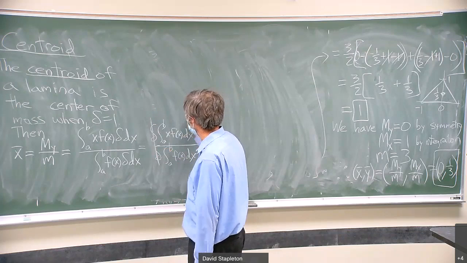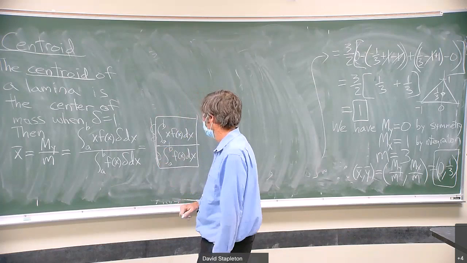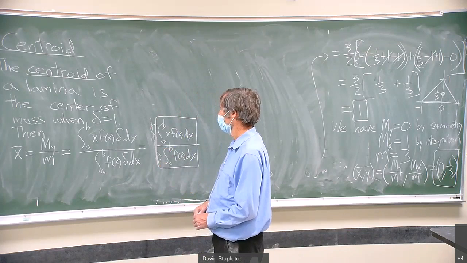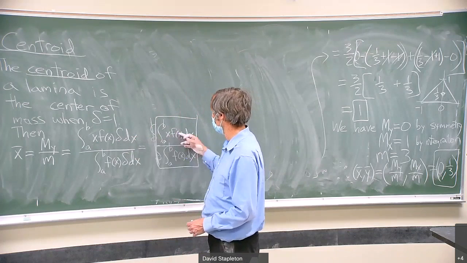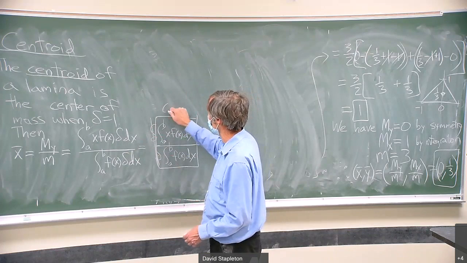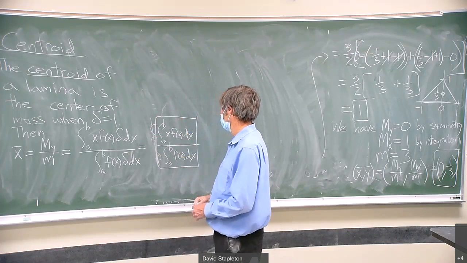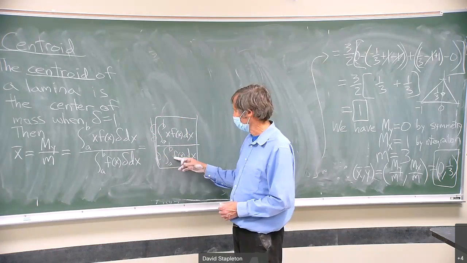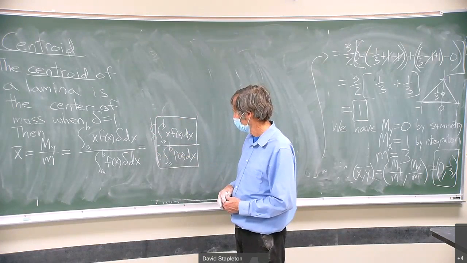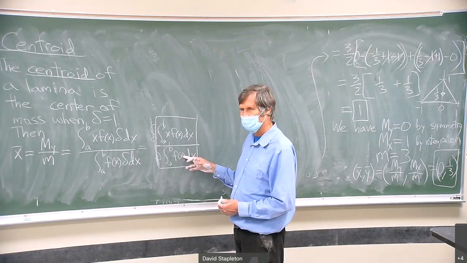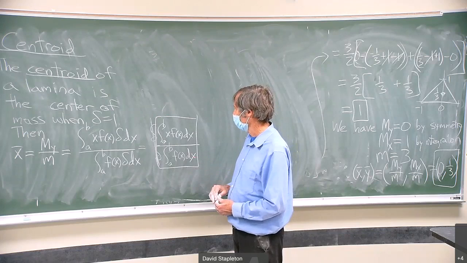Cancel those. And here's the formula for any constant delta. And it's the same if we put delta equals 1, we'll get the same formula. If we put delta equals 2, it doesn't matter. This will be called the centroid. However, what is the integral on the bottom now? If I just integrate f of x dx, instead of being the mass, it is the area, right?